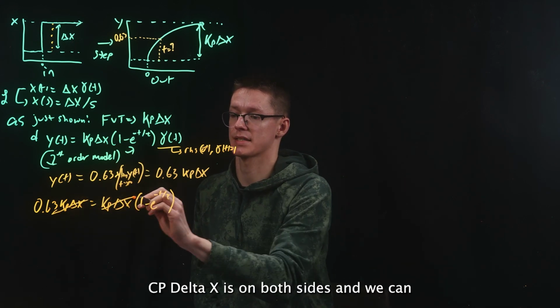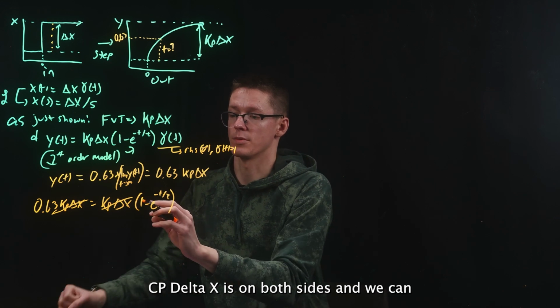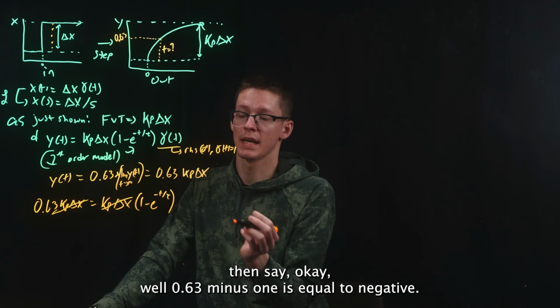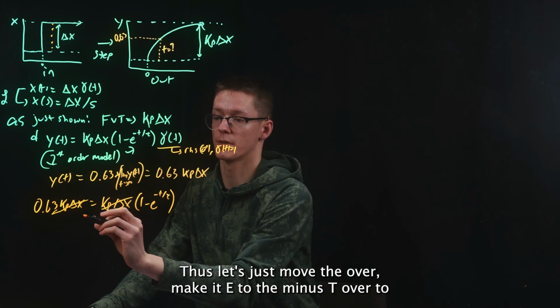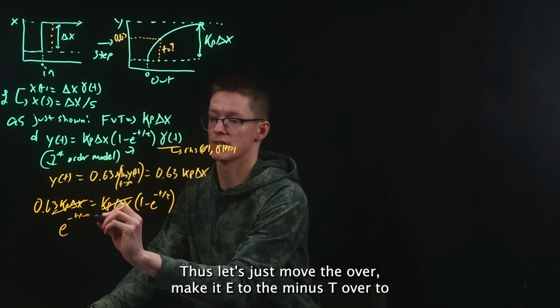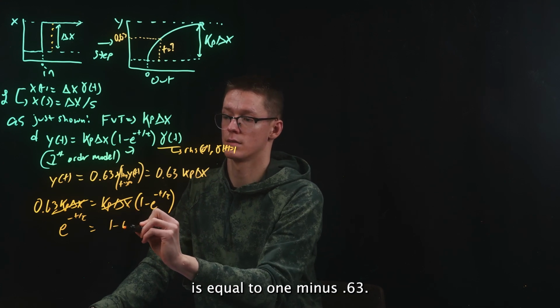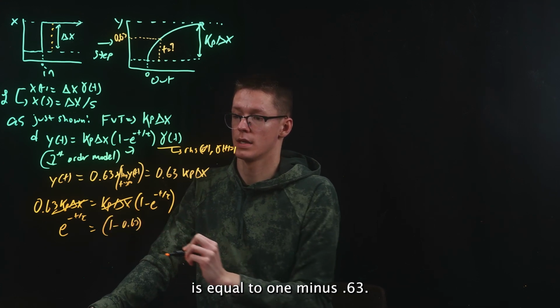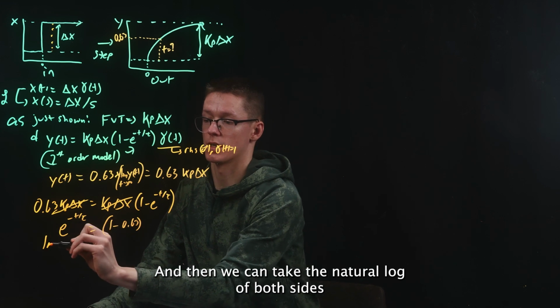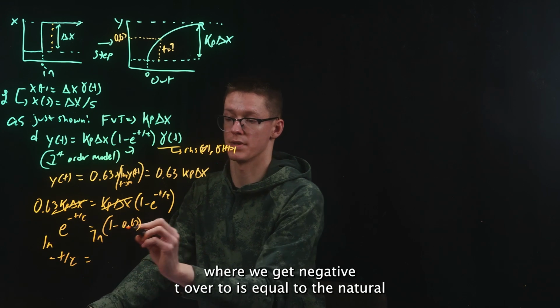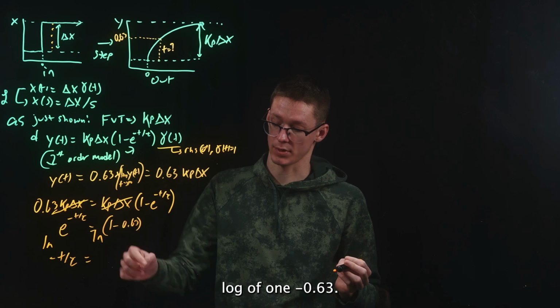Kp delta x is on both sides, and we can then say, okay, 0.63 minus 1 is equal to negative. Thus, let's just move the e over. Make it e to the minus t over tau is equal to 1 minus 0.63. Then we can take the natural log of both sides, where we get negative t over tau is equal to the natural log of 1 minus 0.63.